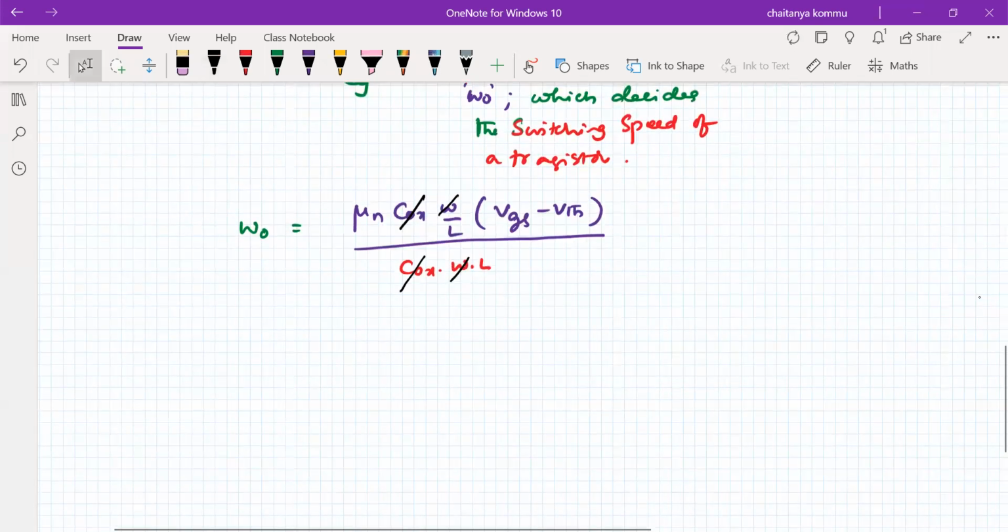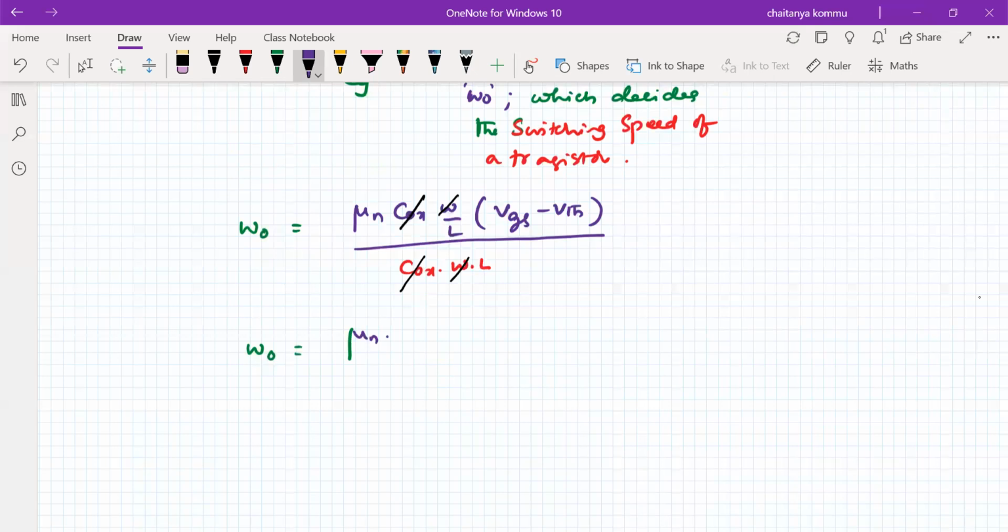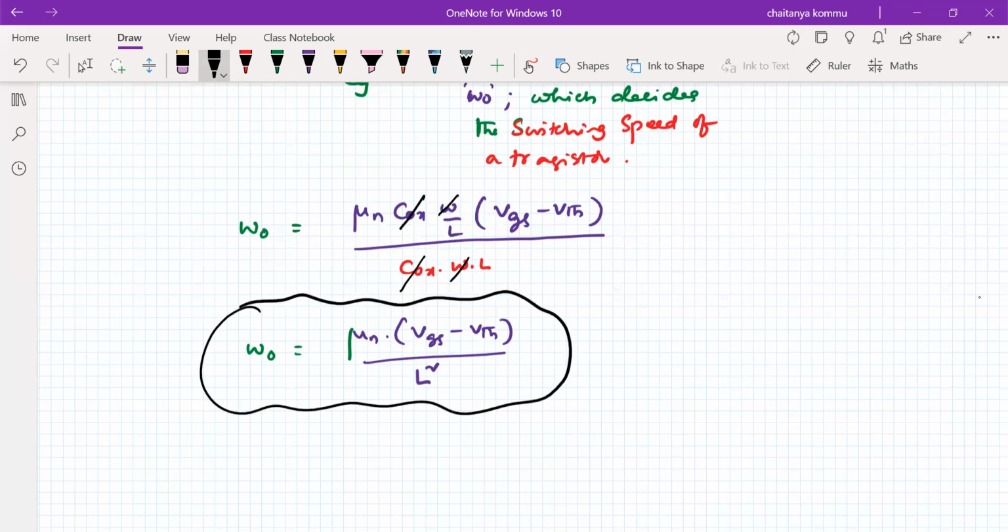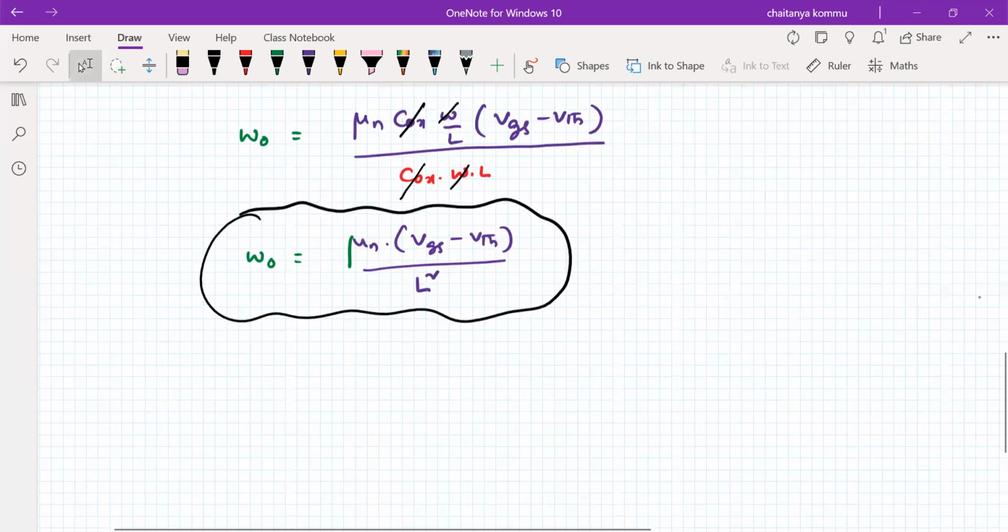In that situation, we can cancel Cox and Cox, W and W. Therefore, we can observe that omega naught is mu n into VGS minus VTH divided by L square. This is how we identify the switching speed of a MOS transistor.